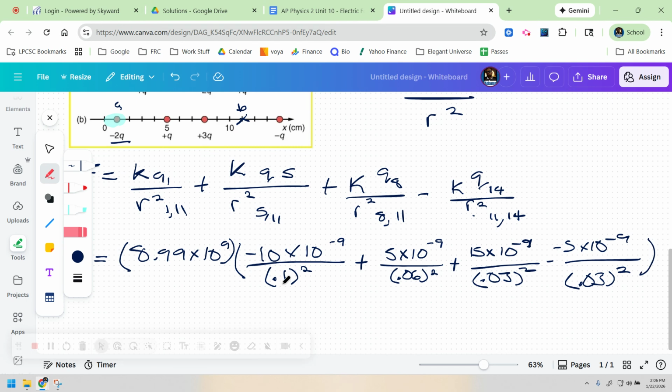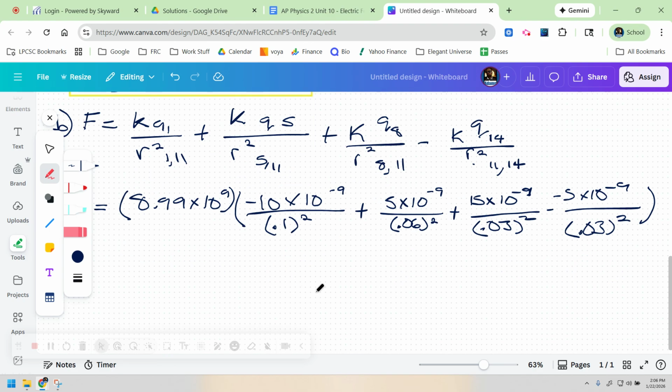Now, when you crank through the math on this, it ends up becoming positive 2.03 times 10 to the positive 5 newtons per coulomb.